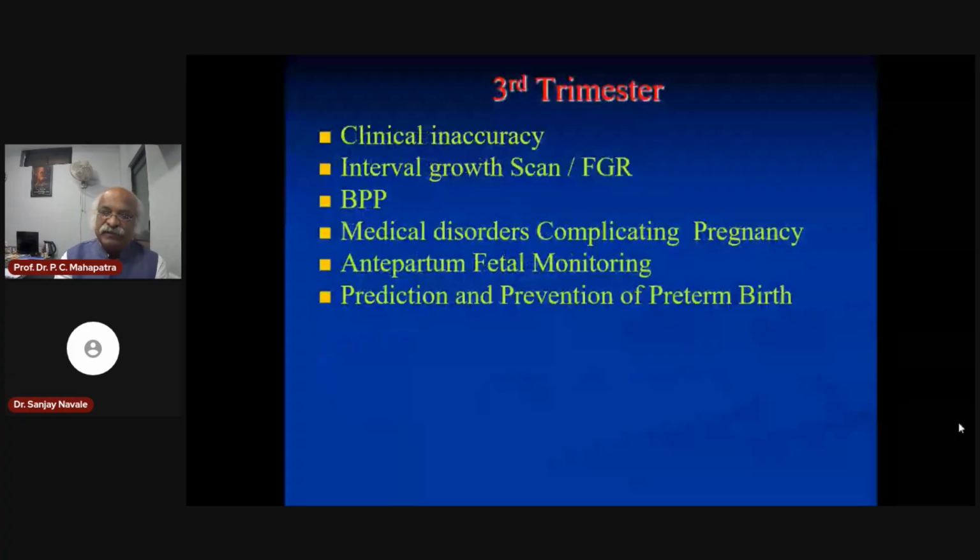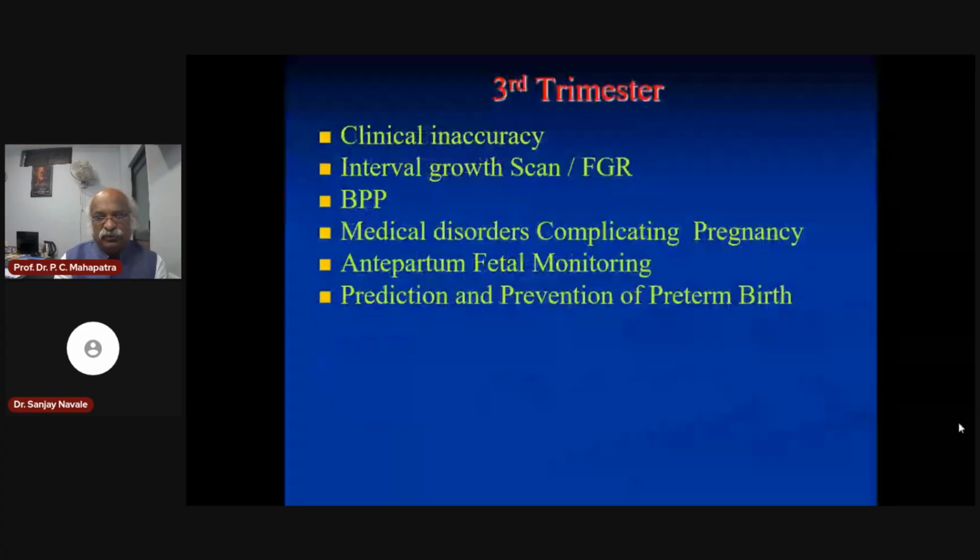And prediction and prevention of preterm birth is very important in the third trimester. It can be aided by noting the cervical length by sonography, or by a diagnosis of threatened preterm birth; we can predict it and prevent it with drugs. An innovative molecule has come up. Atosiban is an innovative oxytocin antagonist which has become a really unique agent for prevention of preterm birth.